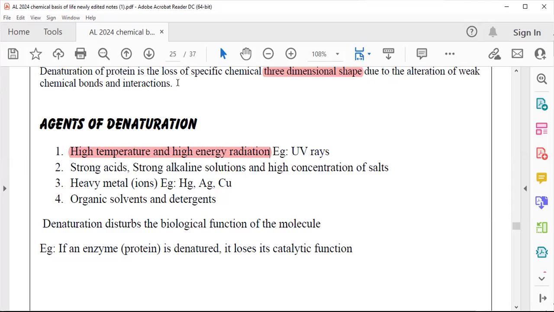Further, strong acids, strong bases, high concentration of salts, heavy metals, organic solvents, detergents, that means soap items. All these can cause denaturation. Understood?